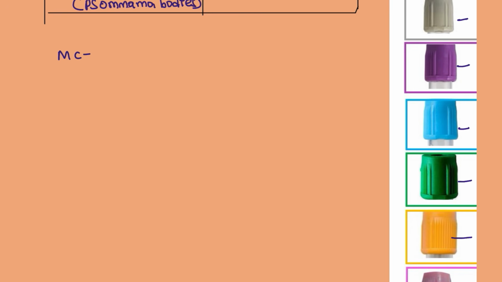Next, what is the most common stain that we use in the labs? The most common stain is hematoxylin and eosin.